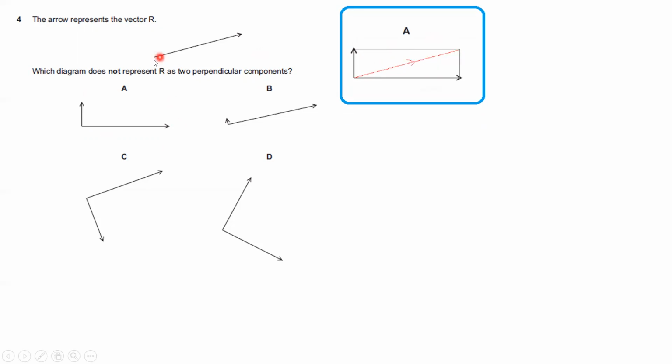As you can see, the vector R and the resultant of option A are both in the same direction.